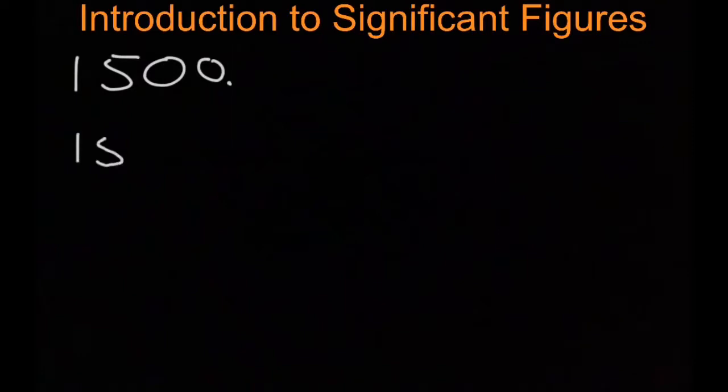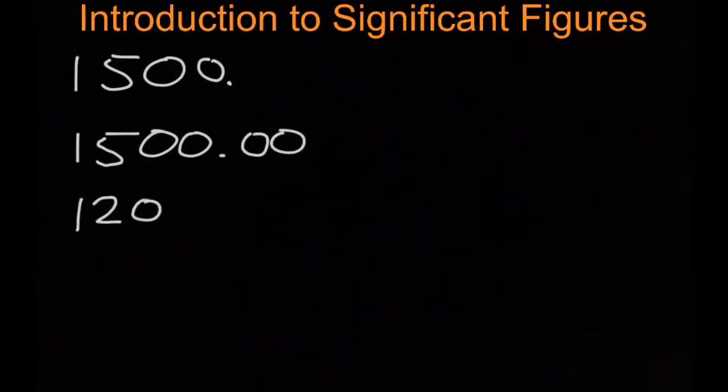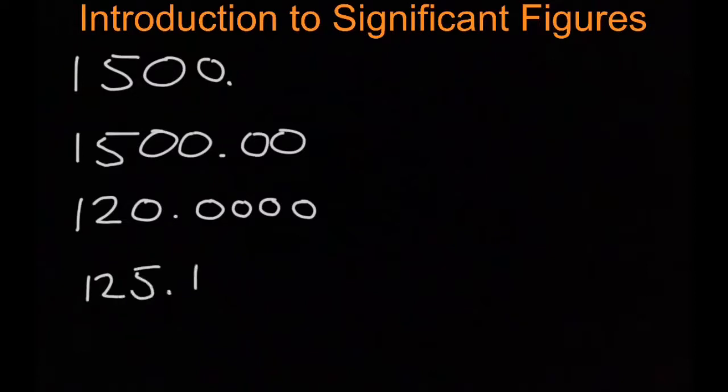Let's move on to trailing zeros with decimals. Here are some examples. Let's say we're given 1,500 with a decimal, 1,500 with a decimal point and 2 zeros after, 120 with 4 zeros after the decimal point, and 125.10.